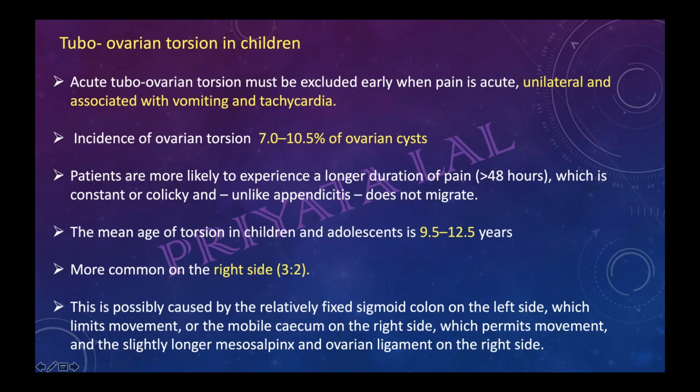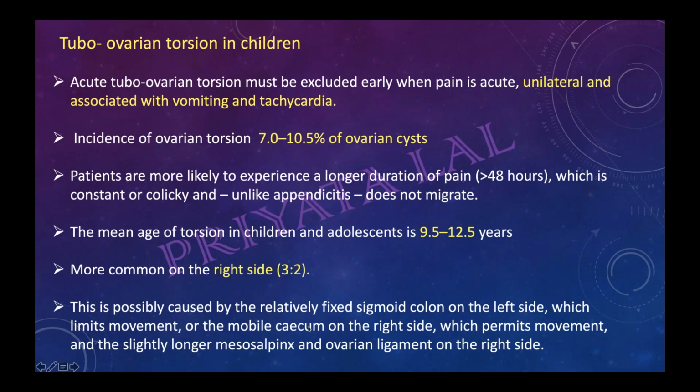So where is it common, right or left? It is common on the right side, and the ratio of right to left is 3 to 2. And what is the reason? Usually on the left side the sigmoid colon is there and that is fixed, so there is a limitation of movement.